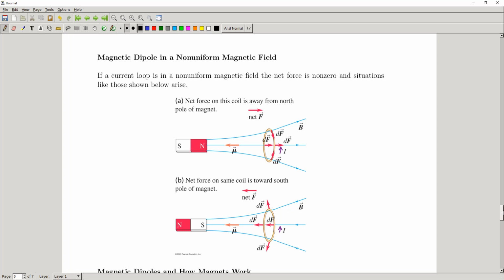In the uniform magnetic field, all these forces kind of conspire to cancel out perfectly. But in this case, where we have a non-uniform magnetic field, we can see the magnetic field is not just a bunch of straight lines, but it's kind of curving as we leave our permanent magnet here. We're going to end up with non-zero net force on these loops.